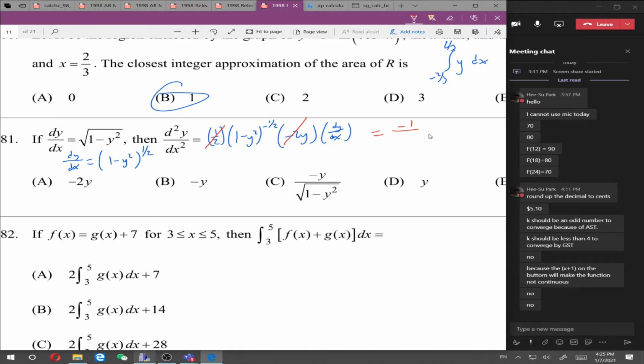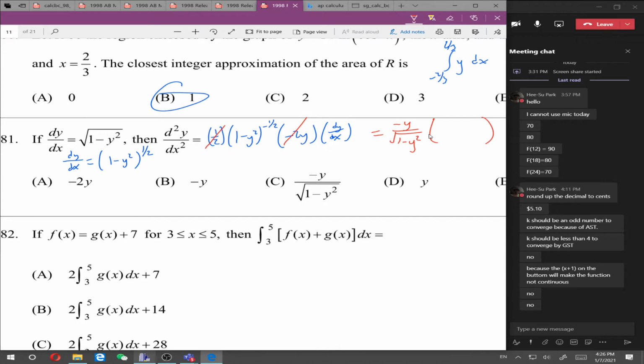Oh, it goes to the bottom. So on the bottom, it's going to be negative 1 over square root of 1 minus y squared, because of the negative exponent and the fraction 1/2. I've also got a y that's left on top, so I'm going to throw that in there too. This will be negative y.